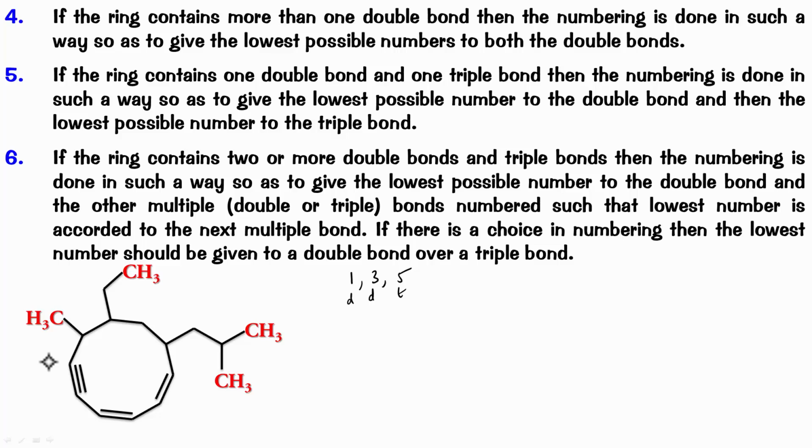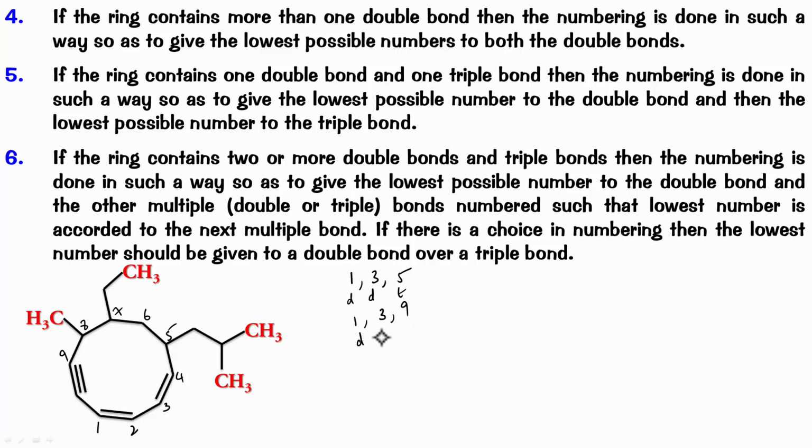What if I number this as 1, 2, 3, 4, 5, 6, 7, 8, 9. So the second possibility I get is 1, 3, 9.